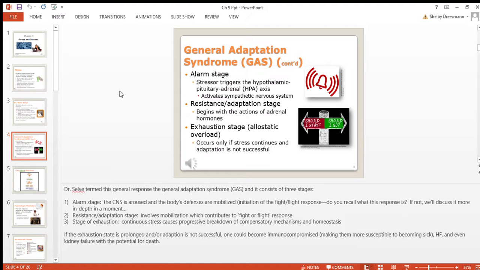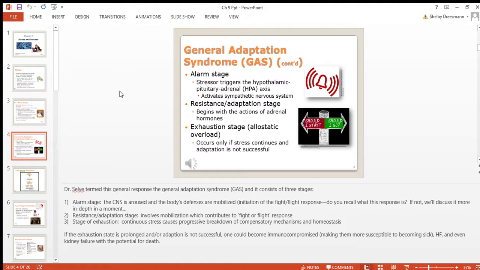And then the exhaustion stage, if stress continues and adaptation is not successful. In the alarm stage, the central nervous system is aroused and the body's defenses are mobilized, causing the initiation of the fight or flight response.